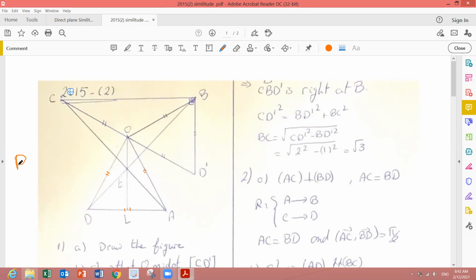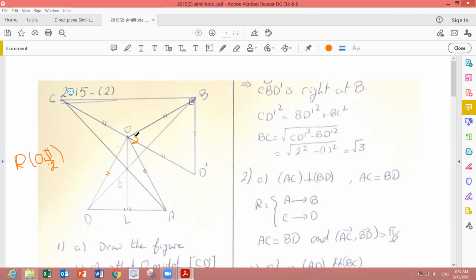We have a rotation, Haikaz, of center O and angle pi over 2. We do the rotation of A. First I join O to A with angle pi over 2. So angle AOB equals 90 and OA equals OB.